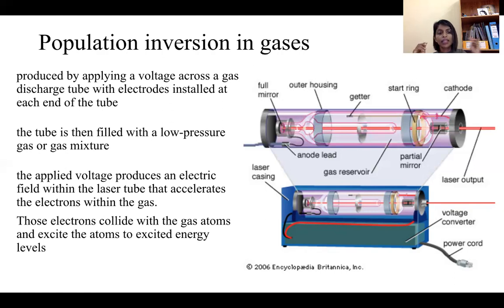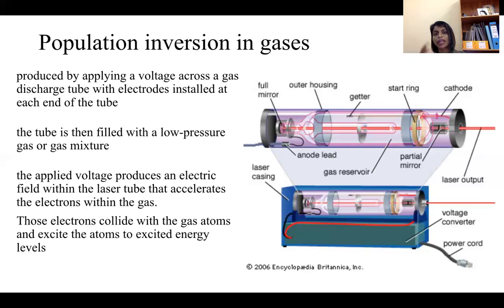There is an electric field within the laser tube, and due to this electric field, the electrons are accelerated inside the gas, and these accelerated, highly fast moving electrons will collide with the gas atoms, and they will be excited to higher energy levels. And these excited atoms will come down to a lower energy level by emitting photons.